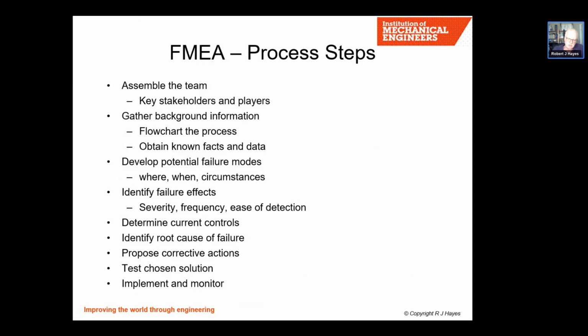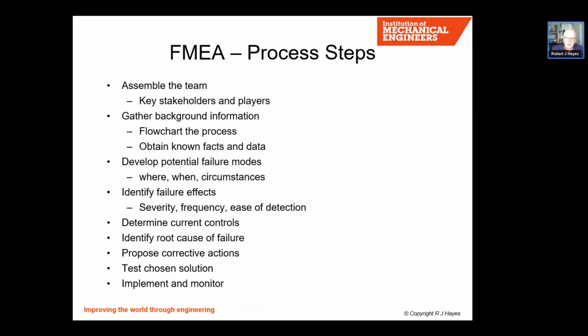It might have been initiated further up the process, further upstream. And then we think about what we can do to improve. What corrective actions can we put in place to reduce the risk, either by reducing the severity, reducing the frequency, increasing the detection, or perhaps a combination of those. And then we implement and monitor. Don't forget the importance of monitoring.